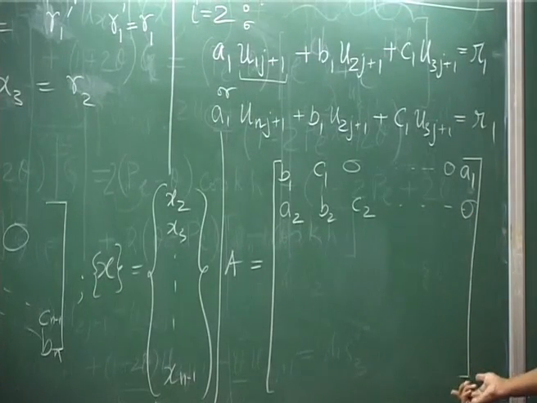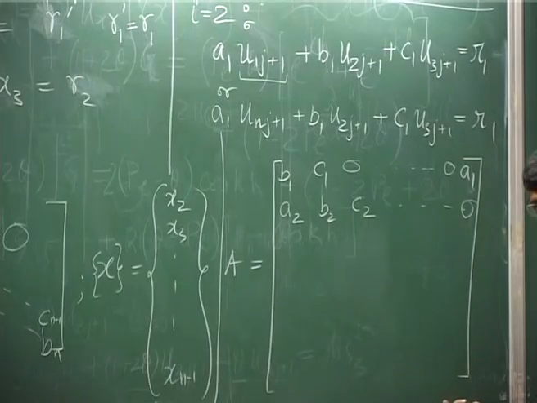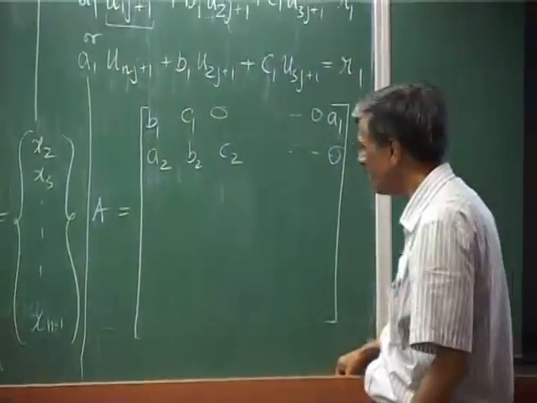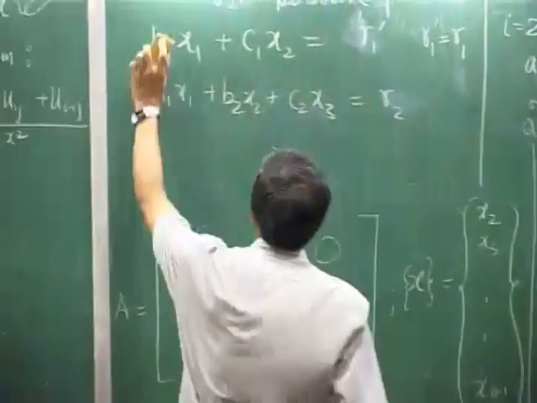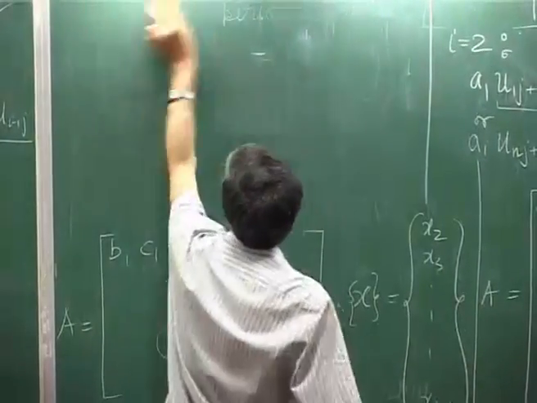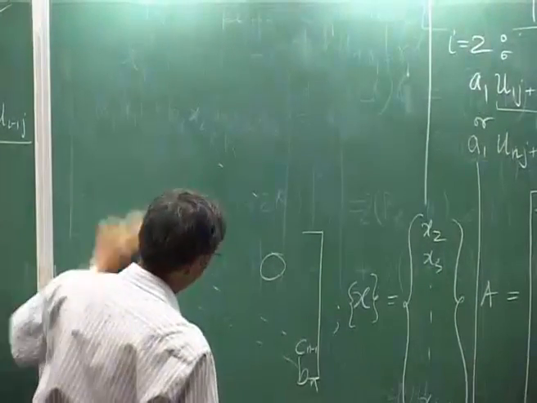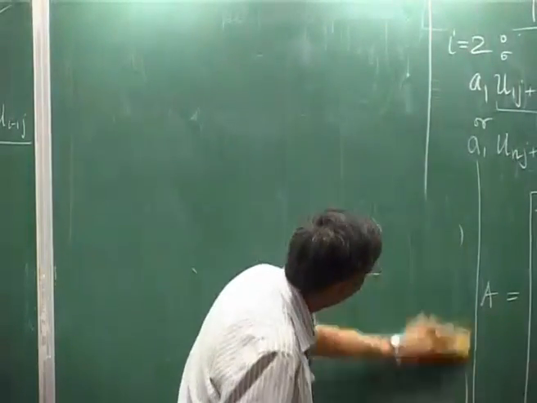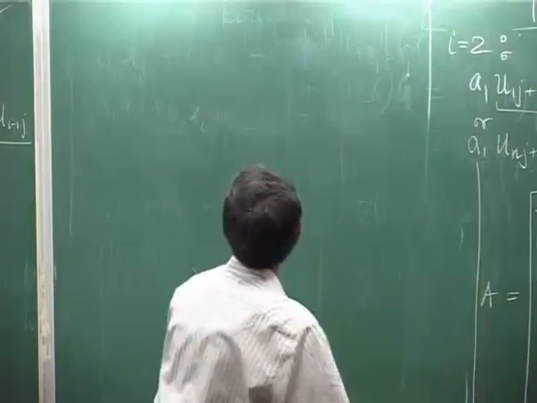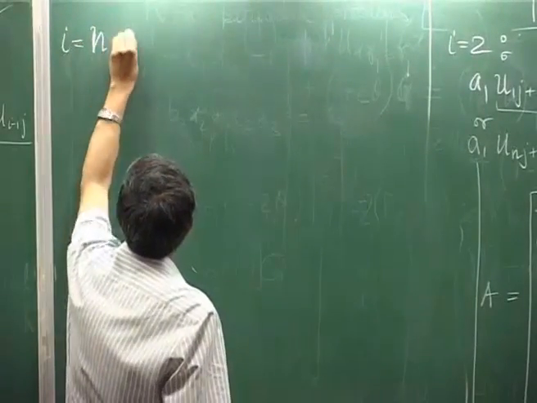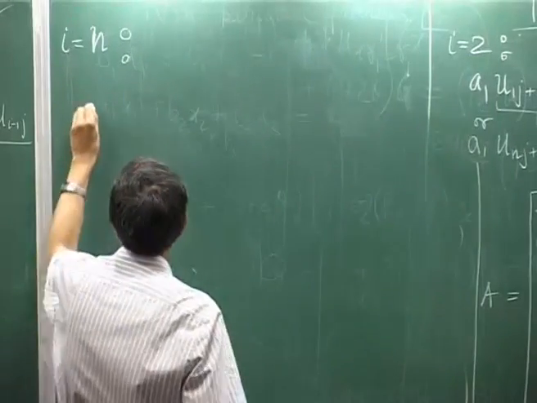In the same way, what will be my last equation? If you allow me to erase this part, we are not talking about the non-periodic part, which is easy and done. Now if I try to write the last equation, what would that be?